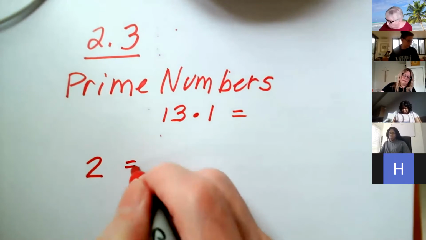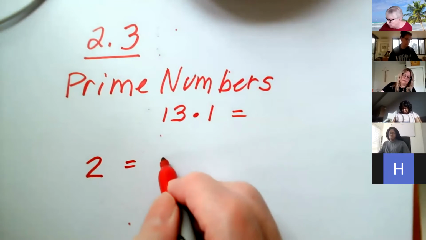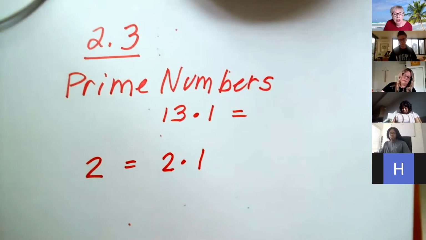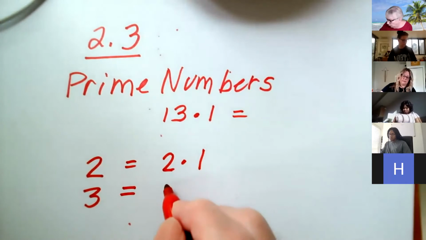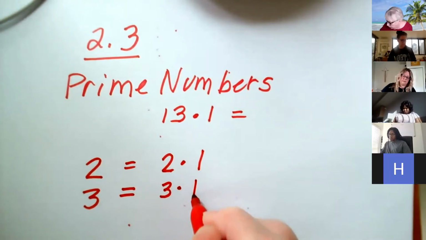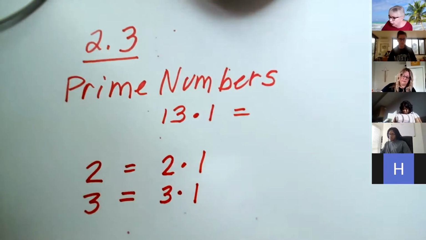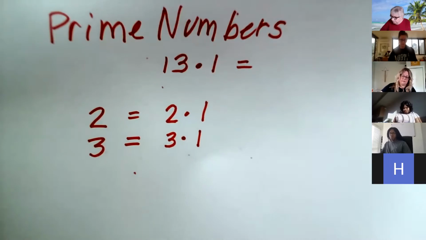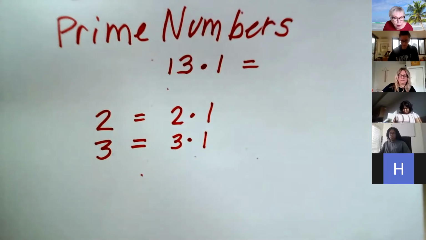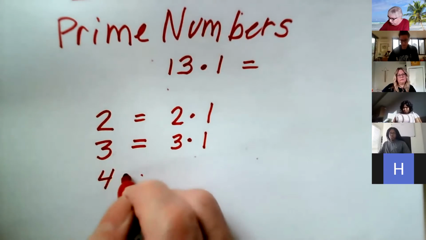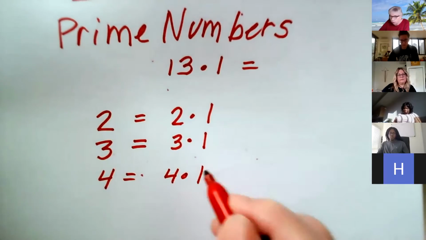And 2 qualifies for this definition because the only way to get it through multiplication is to multiply by 1. The next one is 3. The only way to get it through multiplication is 3 times 1. The next number you'd think is 4, but 4 is no good because everything multiplies by 1.